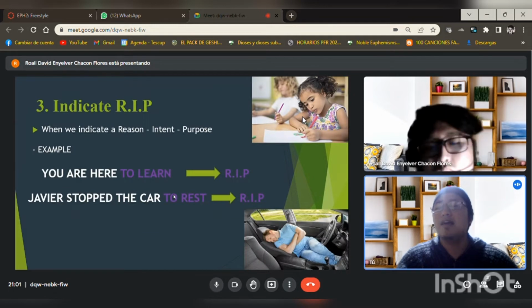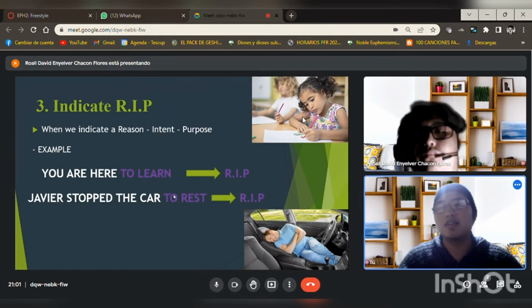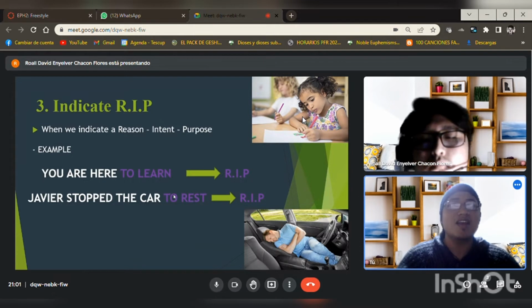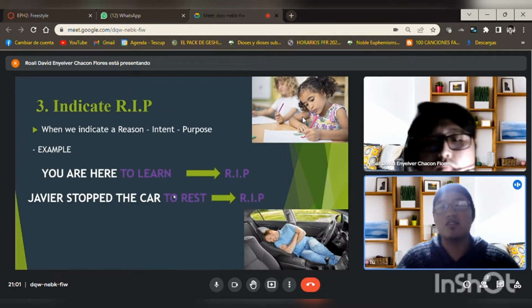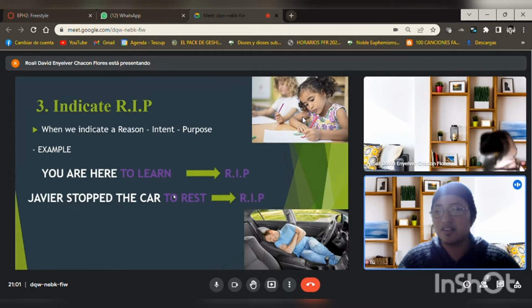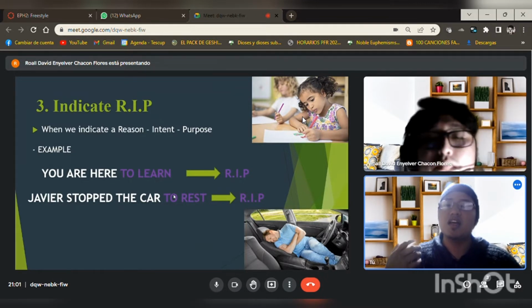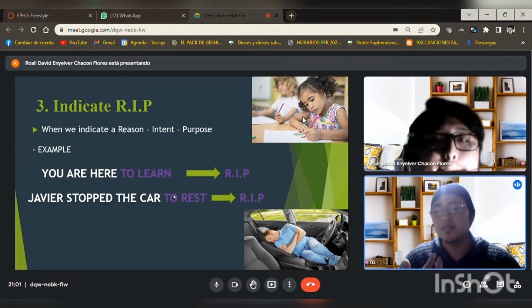In case number three, the infinitive indicates purpose. Don't go thinking that it means a racing pace. No, no. It refers to the reason, the intent, and the purpose. For example, 'You are here to learn.'